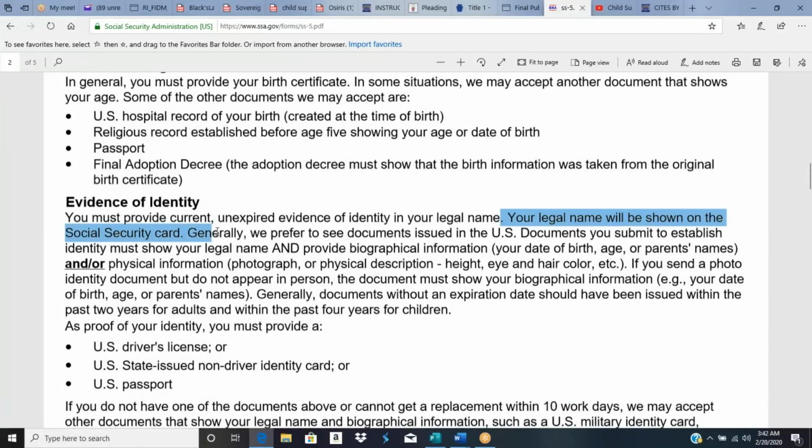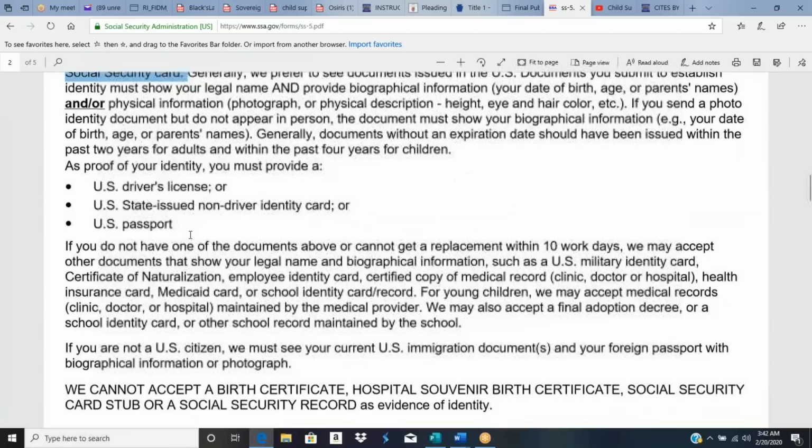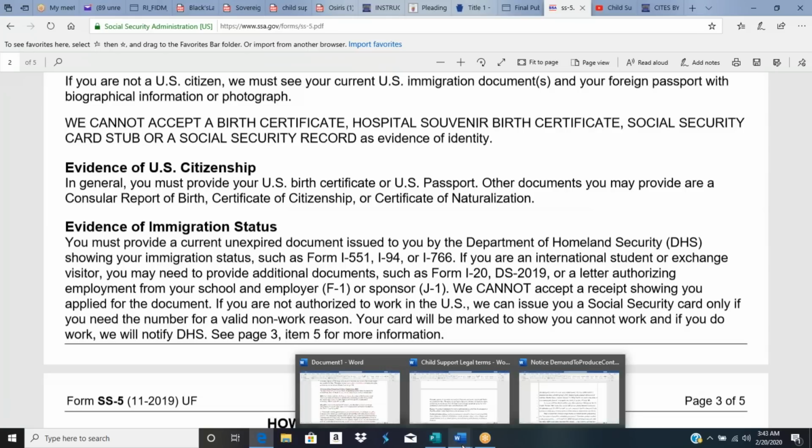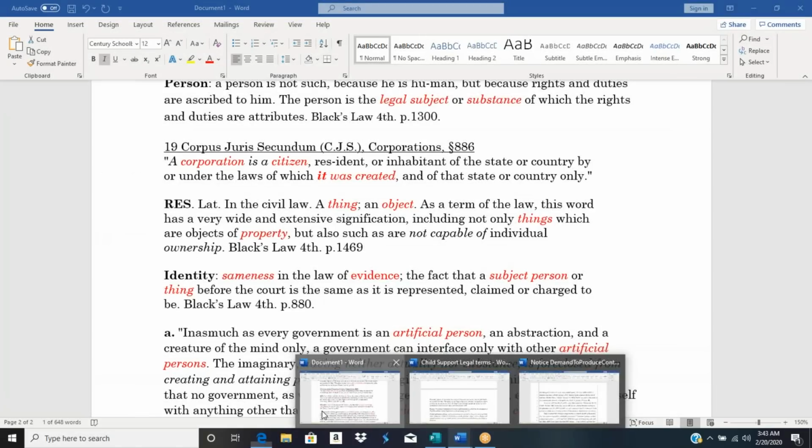Your legal name will be shown on the Social Security card. Now, look, evidence of U.S. citizenship. In general, you must provide your U.S. birth certificate. You don't have one. Or passport. That ain't yours either. Other documents you may provide are a consular report of birth, certificate of citizenship, or certificate of naturalization. So those Social Security cards identify a United States citizen.